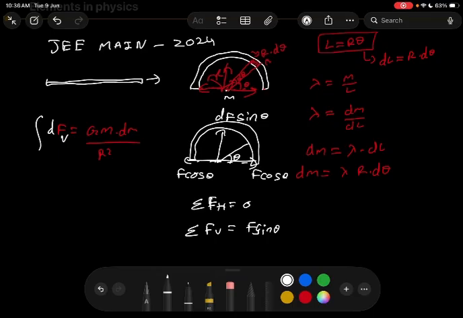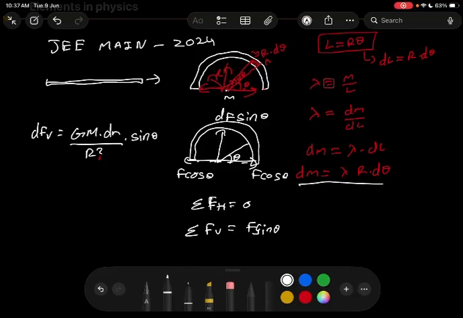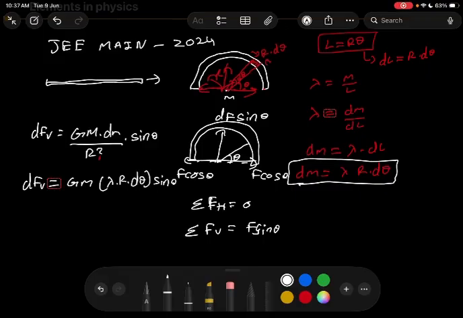We just integrate it. What is dF vertical? Sorry guys about this, I just got a little bit confused. dF vertical is dF sine theta, remember? So G m dm by r square into sine theta, and we know that dm is lambda r d theta. If we substitute that, G m lambda r d theta sine theta by r square.